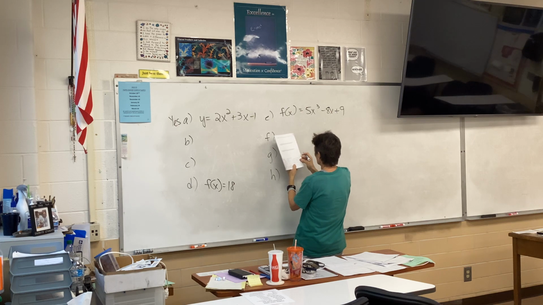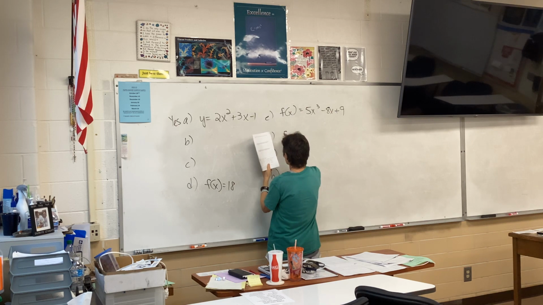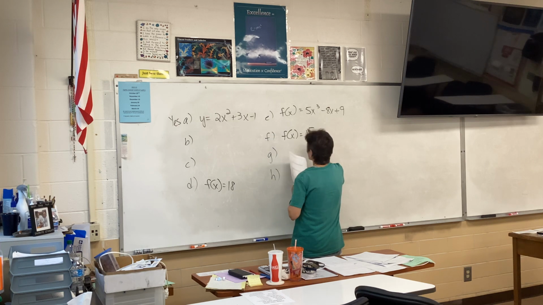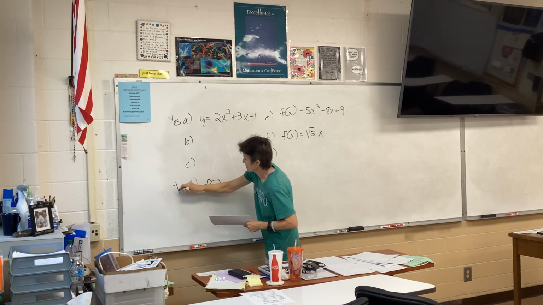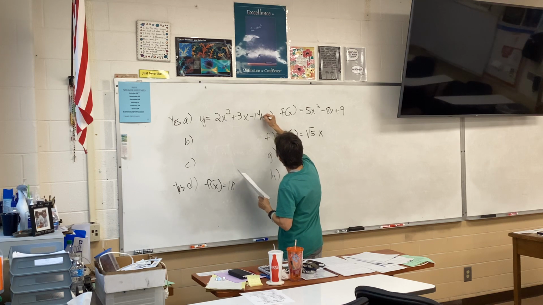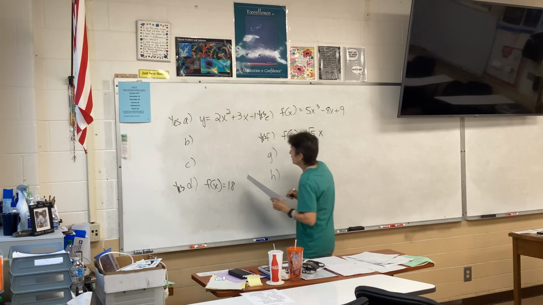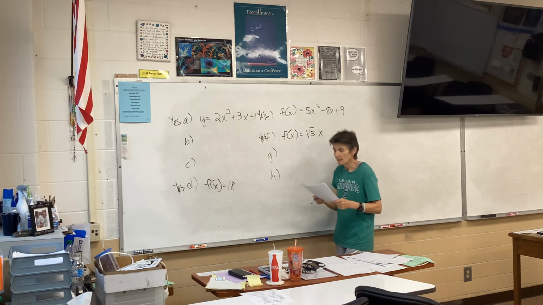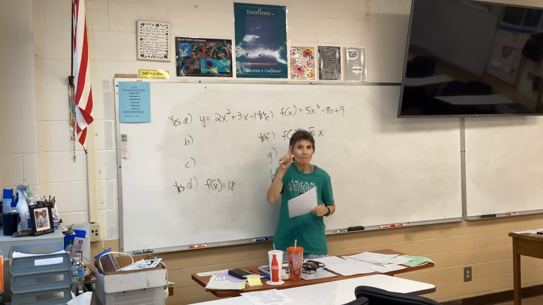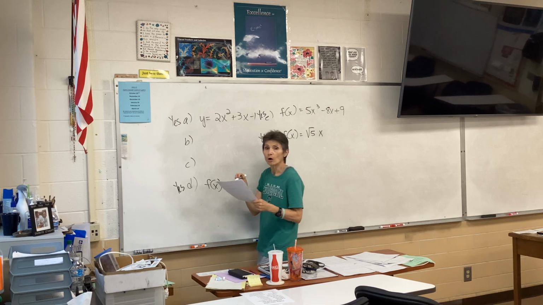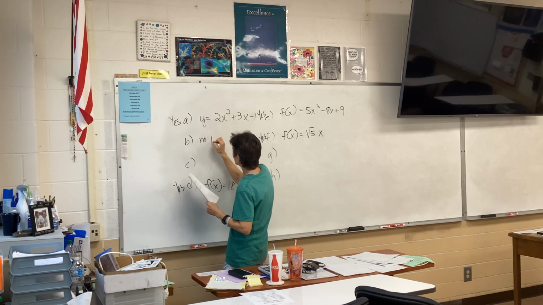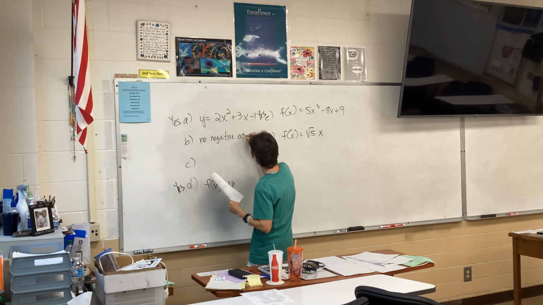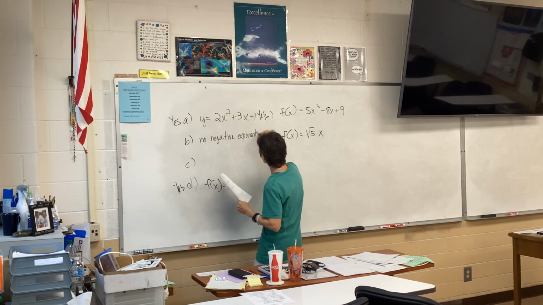Let me see if there's any more. And so is F. So these are the yeses. Now, let's talk about why the other ones are no's. If you were here, you'd all be telling me that B is a no because you're not allowed negative exponents. No negative exponents are allowed.